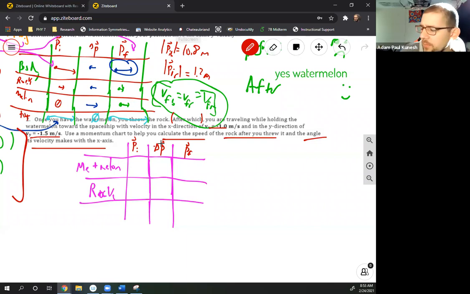I'm wanting questions here. But if I've got this initial and final momentum of me plus watermelon and rock system, I can start to draw in some of these vectors. So again, just to be super explicit, the before is I have the watermelon, everybody traveling together. Big happy family.